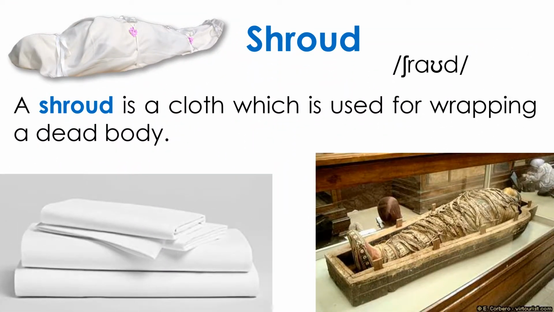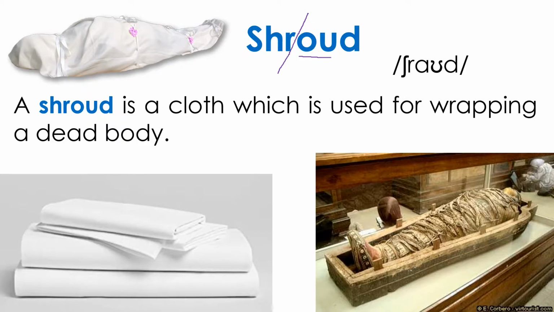Shroud. A shroud is a cloth which is used for wrapping a dead body. Here, shroud. It's OU, but still we say ow. So shroud. You can even divide it here. You know ode. You know that it's written like this, OUG.